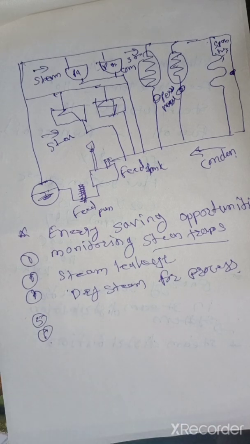Ninth point is insulation of steam pipelines and hot process equipments. Heat can be lost due to radiation from steam pipes. So it is common to see flanges uncovered.